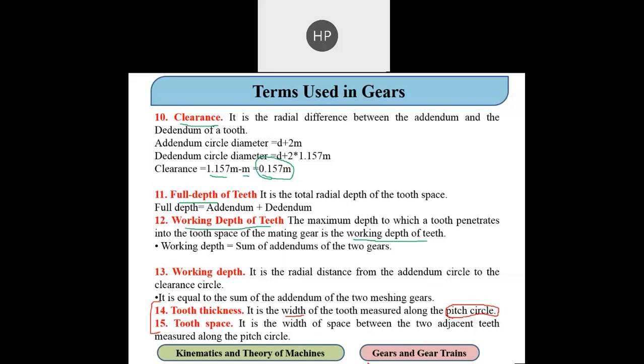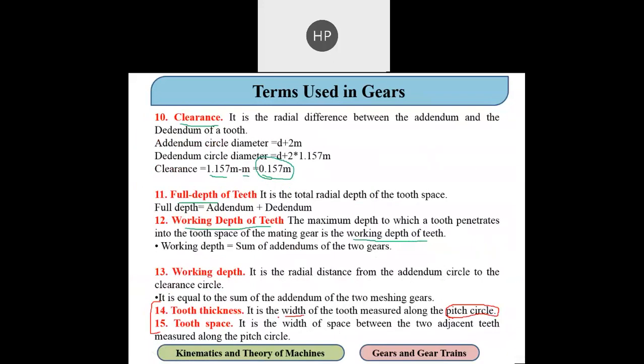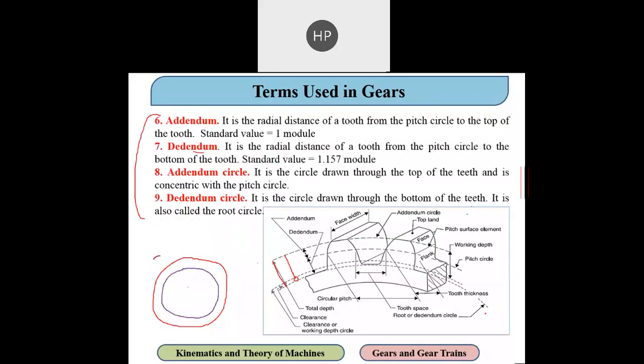So where will we find the thickness of the tooth? Here, if you see in this diagram, it is the width of the tooth measured along the pitch circle. Suppose this is one point, this is one thickness.